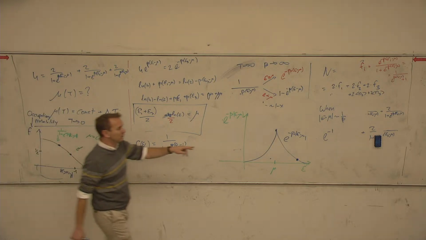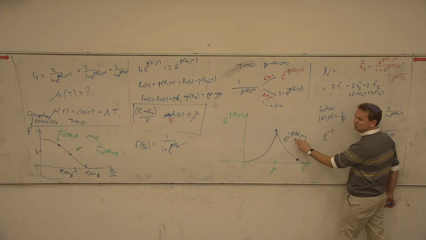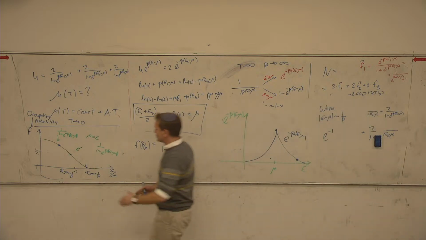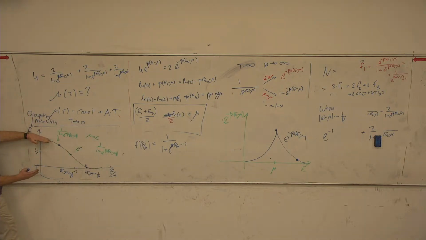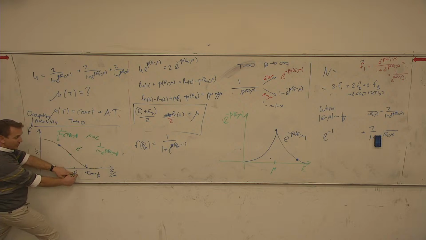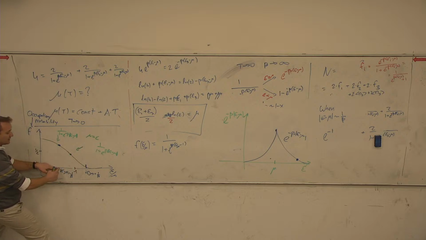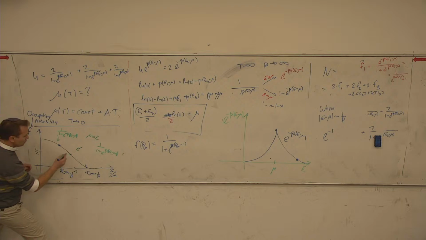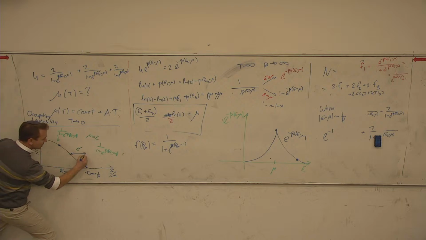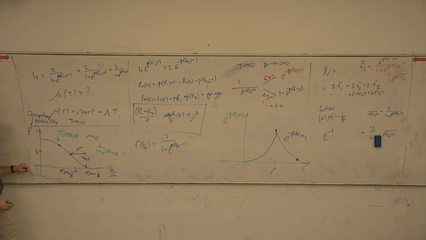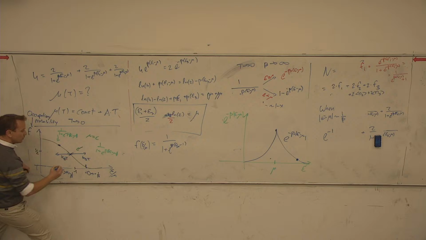Why? Because there is a modification of e to the power beta epsilon minus mu. So what I'm trying to say is that this transition from 1 to 0 occurs not exactly at epsilon equals mu, but in some range from epsilon minus mu equals 1 over beta to epsilon minus mu equals minus 1 over beta. What it means is that this range is proportional to k Boltzmann T to the right and k Boltzmann T to the left.